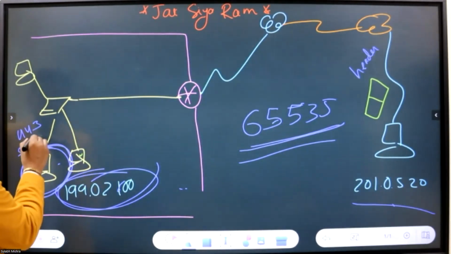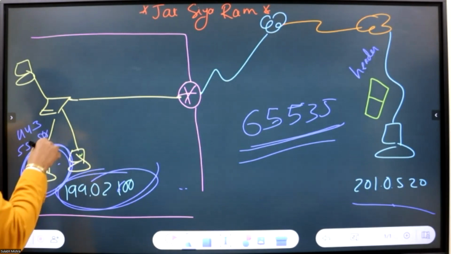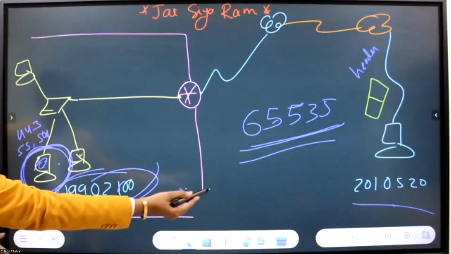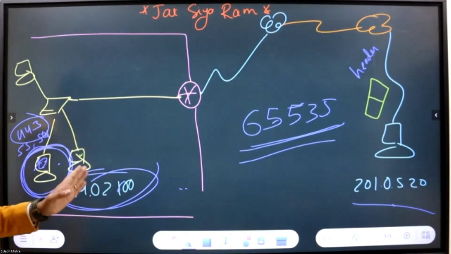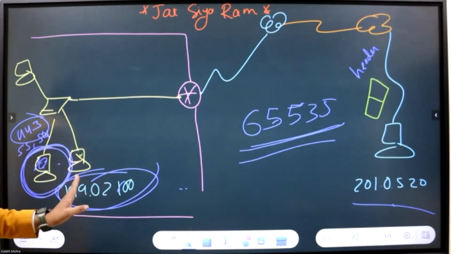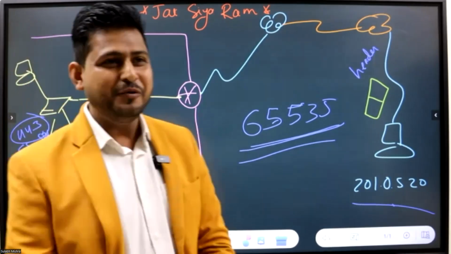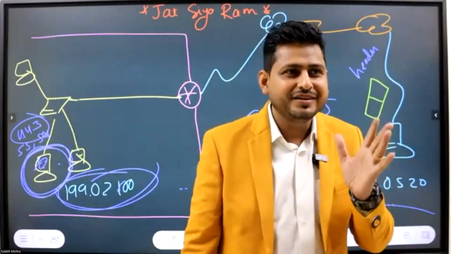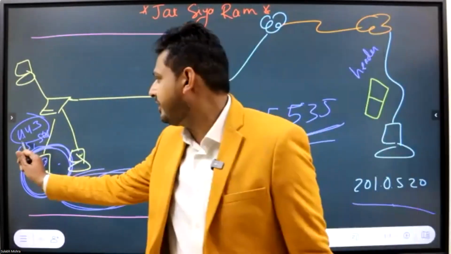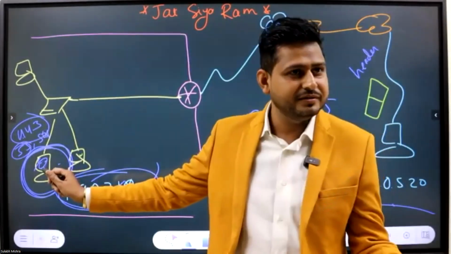You have some application on port number 53 or 54, for example. So if you want to communicate with Facebook, you have to send the packet to port number 443. Then only Facebook will receive it, because you have multiple applications inside the system. Yes or no? So when you send the packet on port number 443, then only Facebook will listen. If you send the packet to some other port number 55, then the Salesforce application will listen.